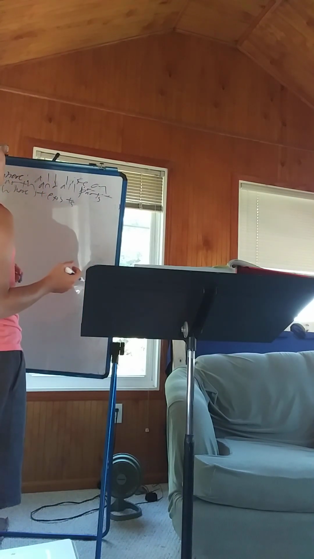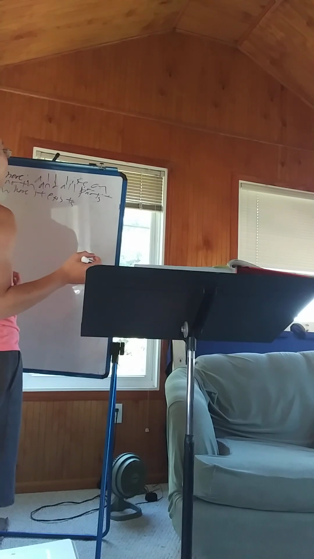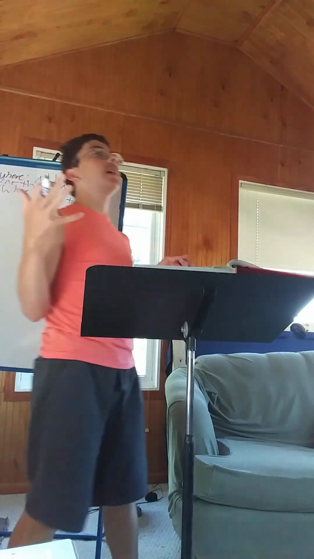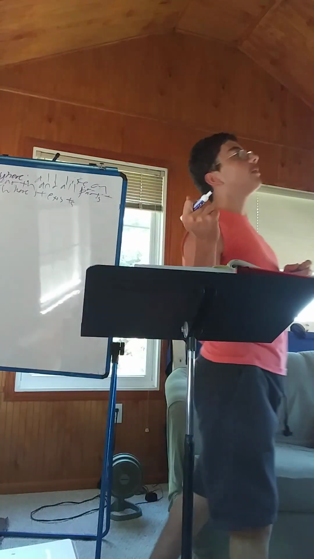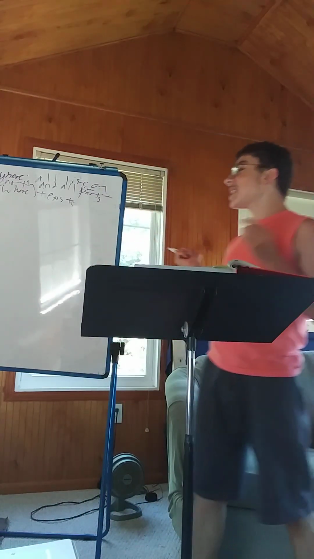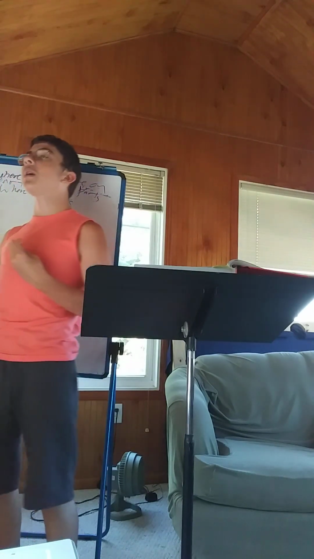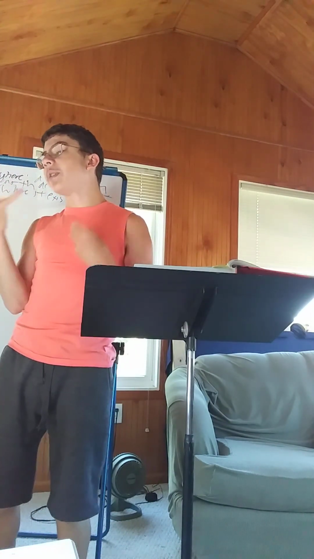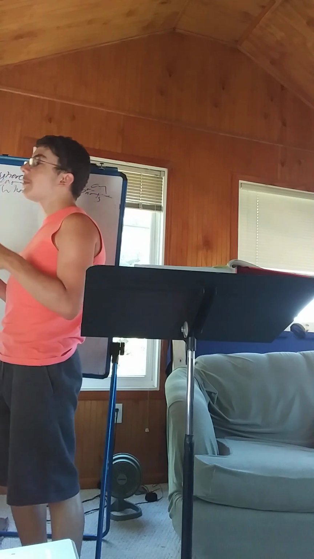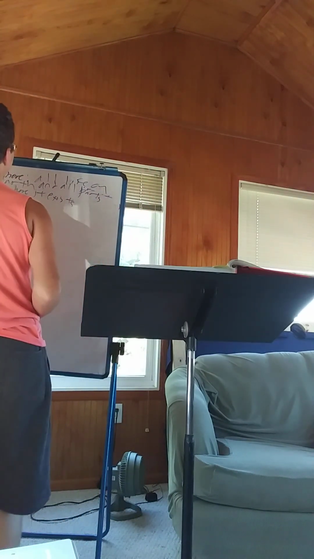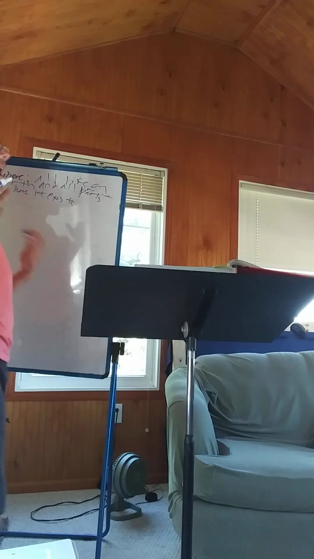Here's what I want you to do: as I'm going through, if you don't have something written down already, I want you to write it down, but I'm not going to ask you to make another page. You're going to be adding to the notes that you've already taken.